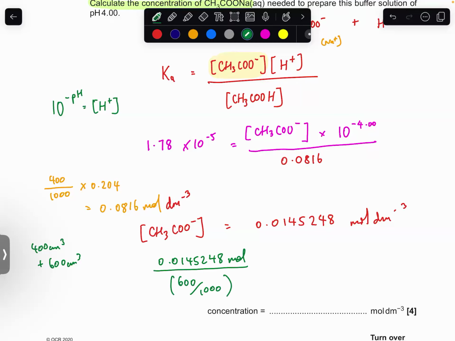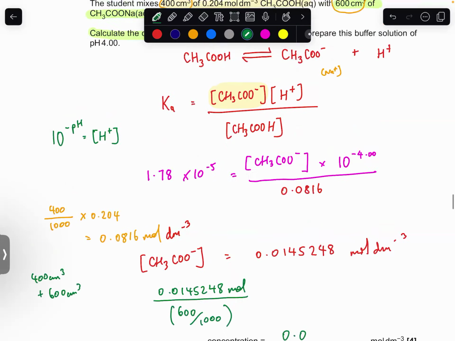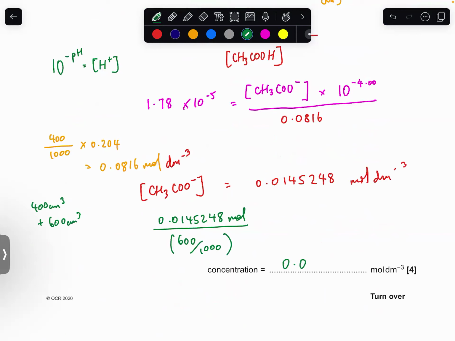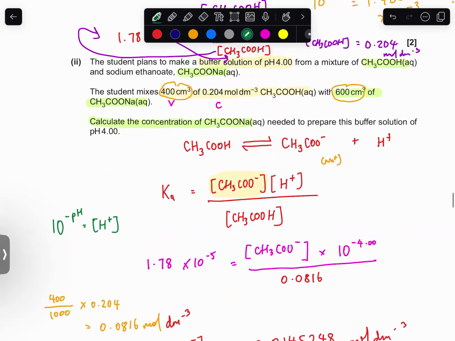That gives you 0.0, how many sig figs do I want? Let's just do 3, 0.0242. Did they ask for the answer in standard form? No, they haven't.